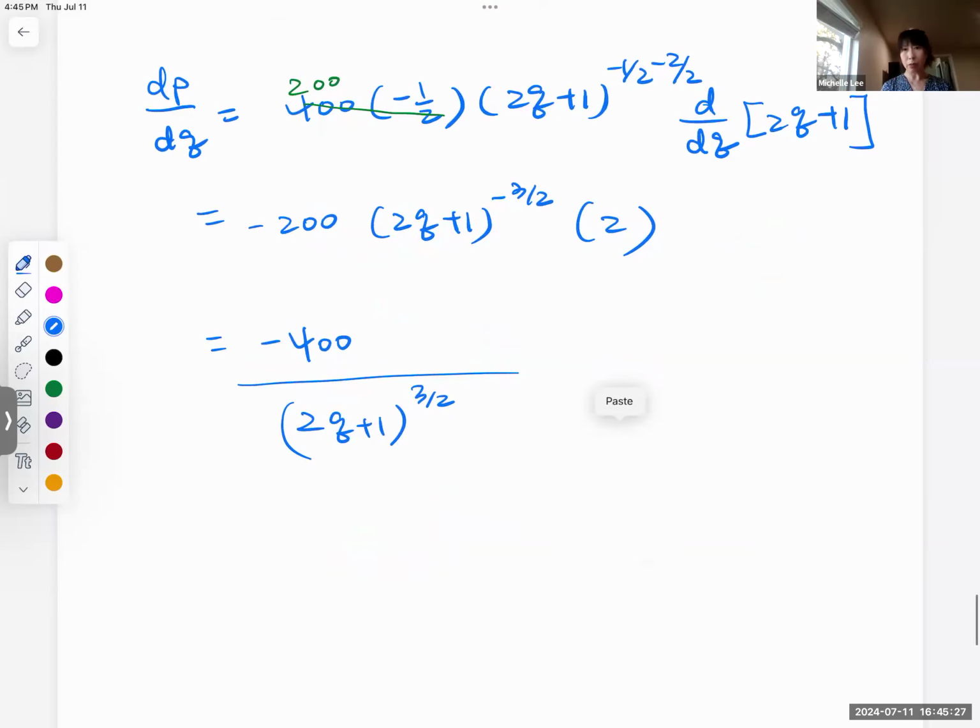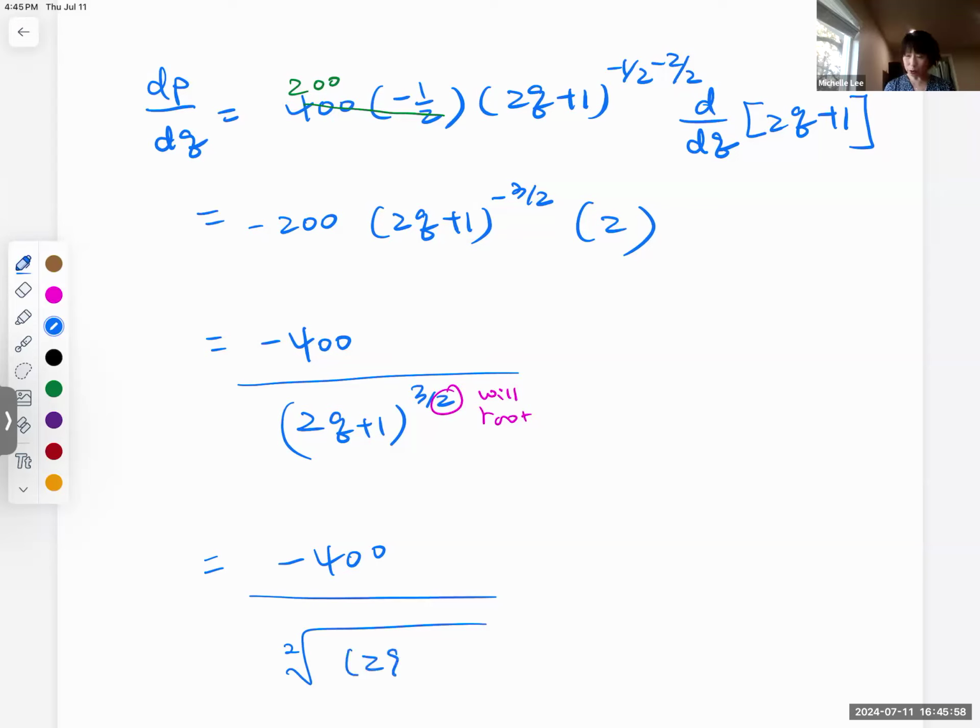Okay, now let's express it as a radical expression, right? So this will be the root, and the 3 will be the exponent. That means negative 400 over the root, square means square, right? So we have 2q plus 1 to the third exponent.